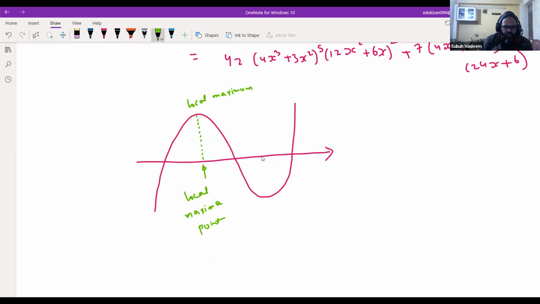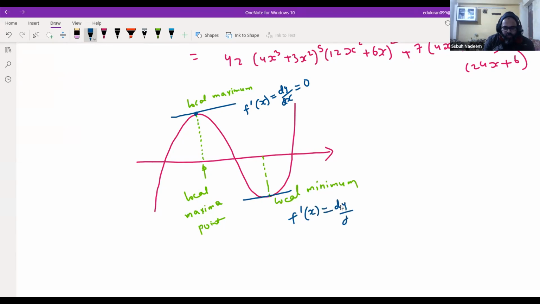Similarly, this is a local minimum. Now, you can observe that at this local maximum, the slope of the tangent is actually zero. That is, if you differentiate this function, f dash x or dy by dx will be equal to zero. And at the local minimum, f dash x or dy by dx is again equal to zero.